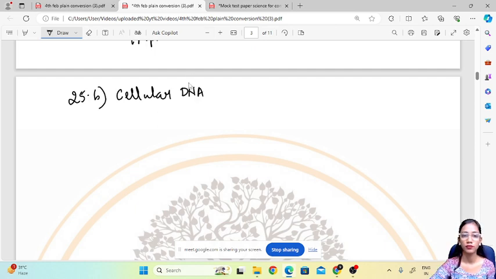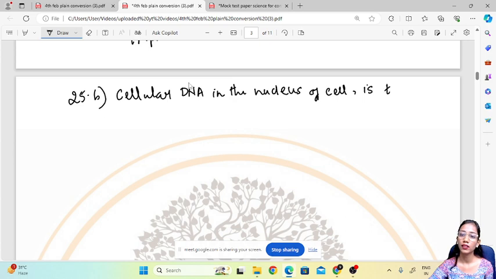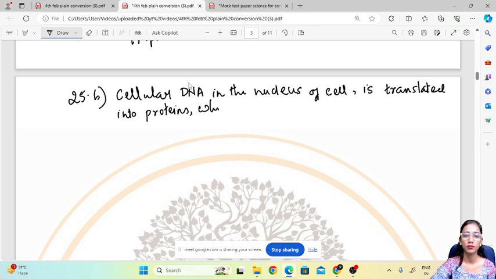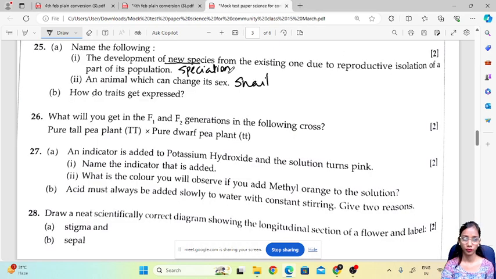Cellular DNA is translated into proteins, okay, which control the traits. Okay, so this was question number 25.